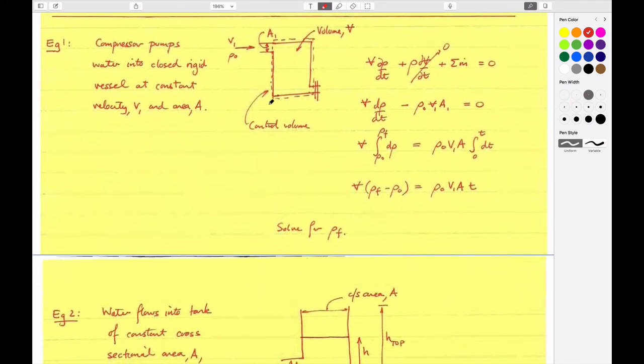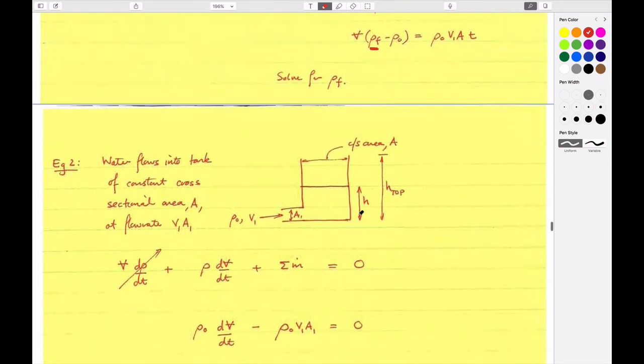An example where you, for instance, put a gas into a system where that system is capped off, where if it's a constant volume, then the density of the gas has to change as a function of time, and you can calculate what that rate of change of the density is, or what the final density is, by just manipulating the mass balance equations.